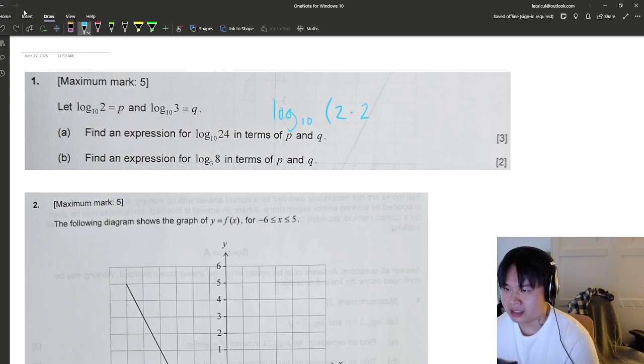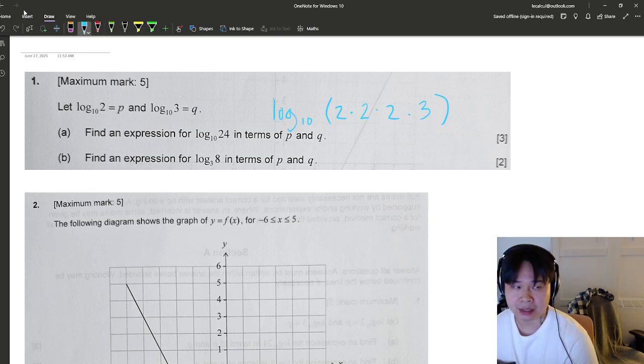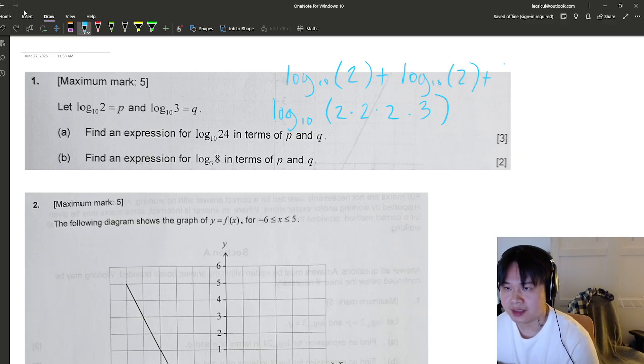You know what, let's just do it this way: 2 times 2 times 2 is 8, times 3 is 24. You can write this as a power and then use a different log property, but let's just write it like this. This is a product, so we can change this into addition. Sure, keep it simple.